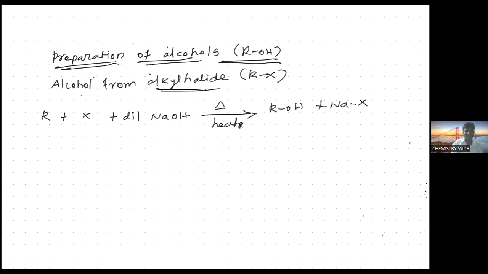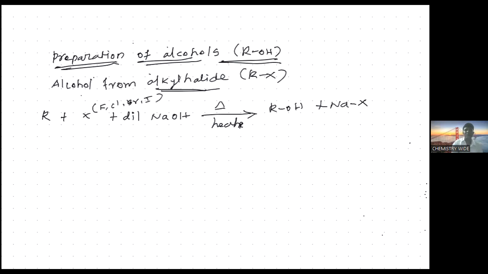Here the R is the alkyl group. So the alkyl group will always be positive because the halogen group is a more electronegative element. X denotes fluorine, chlorine, bromine, iodine.